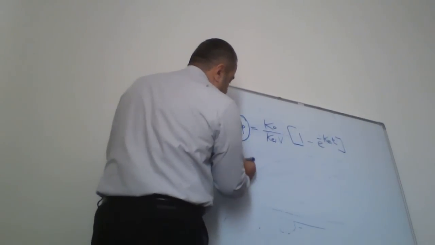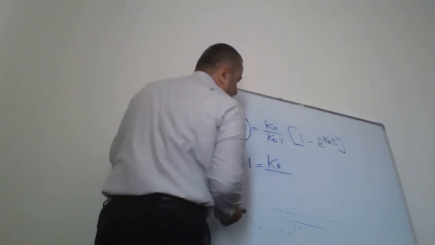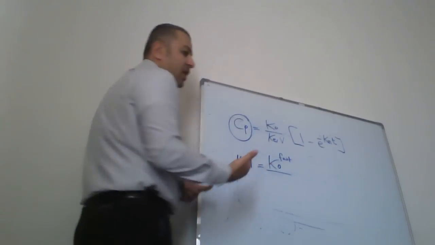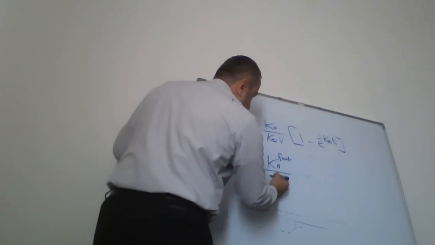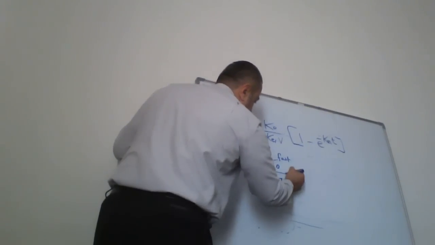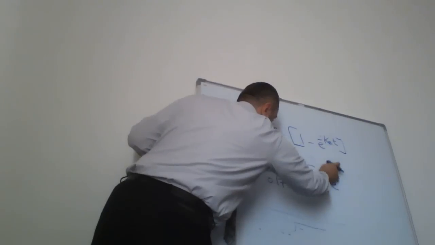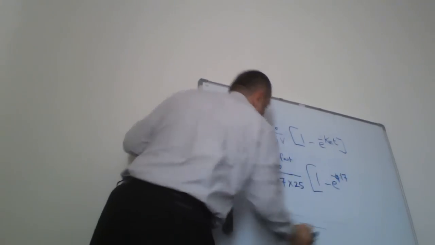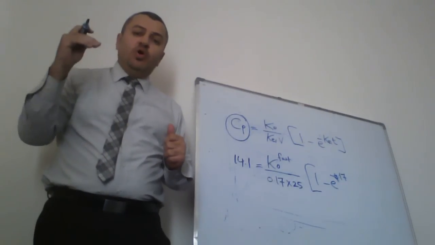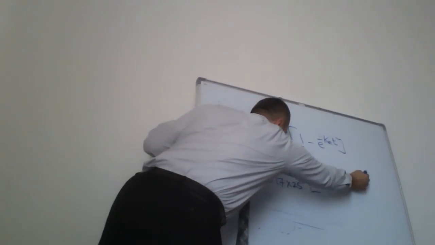My target is 14.1, equal to K0, this is the fast one, which I don't know, I need to calculate that, divided by KL, which is 0.17, multiplied by V, which is 25 liters, multiplied by 1 minus e to the power minus KL, which is 0.17, multiplied by t. I said in the beginning we want to reach my target in half an hour, so t is half an hour.